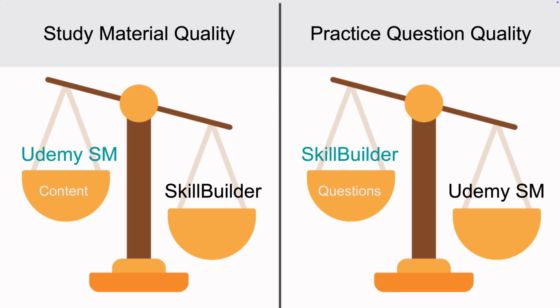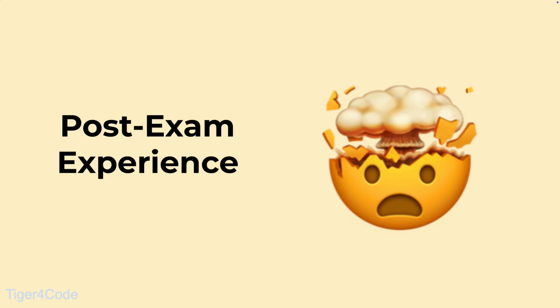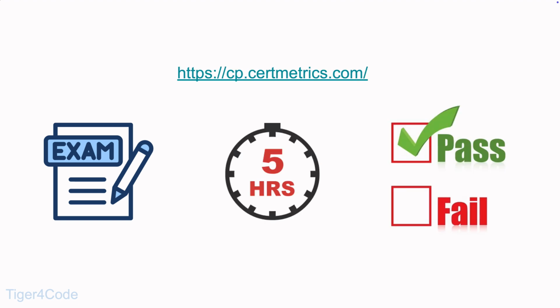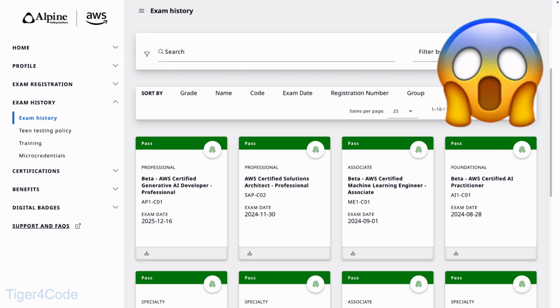Now, coming to the post-exam experience, that was definitely unusual this time. Normally, I get my results within 5 hours in the Pearson VUE portal, but this time, nothing. 3 days later, my exam even disappeared from the pending list and from the exam history list, which kept me really frustrated, as if I had never taken the exam when you look through the portal.